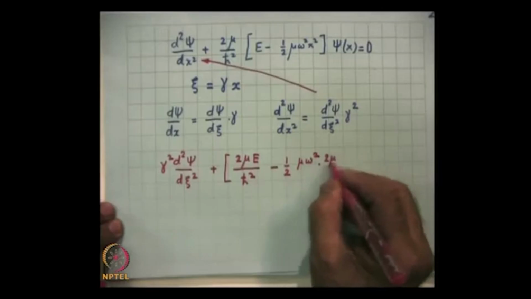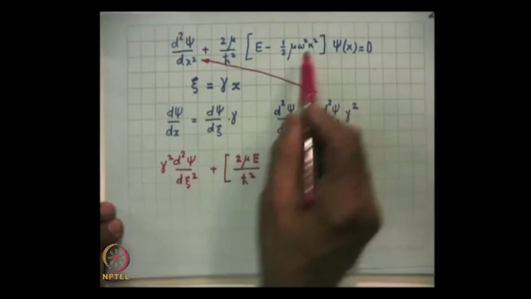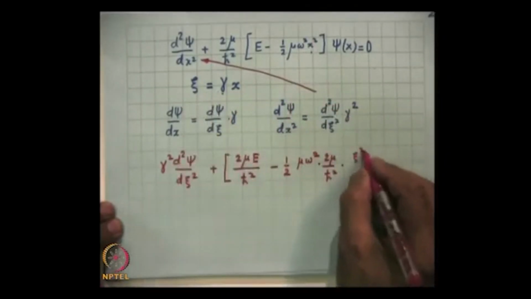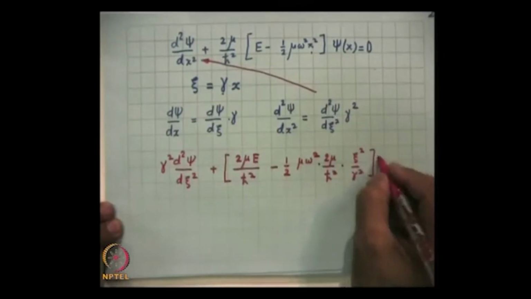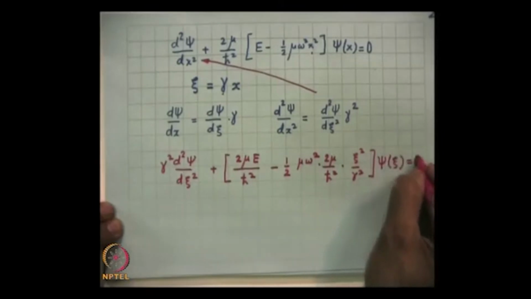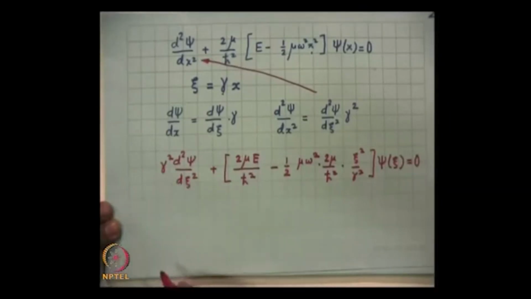So, 2 mu by h cross square, and x here is xi by gamma. So, xi square by gamma square. Now, psi is a function of xi now. So, I divide by gamma square.